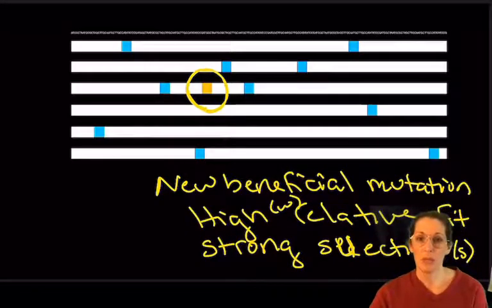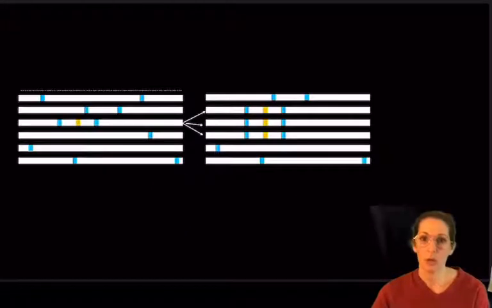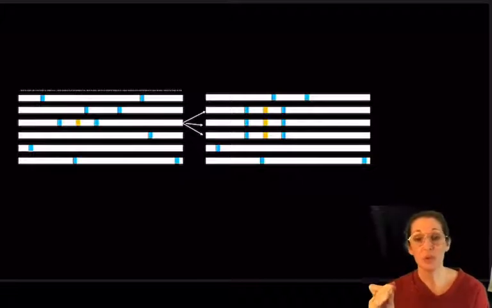As this population reproduces, this individual who has the new beneficial mutation, with a high relative fitness producing a large S, a large selection coefficient, is going to have a big delta P, a big change in frequency from one generation to the next.